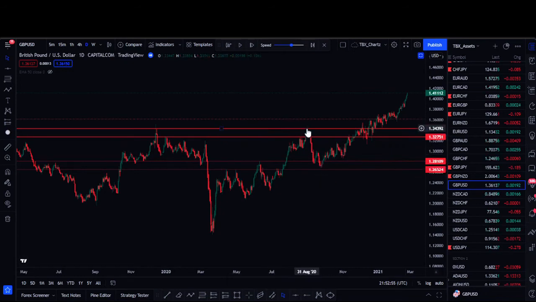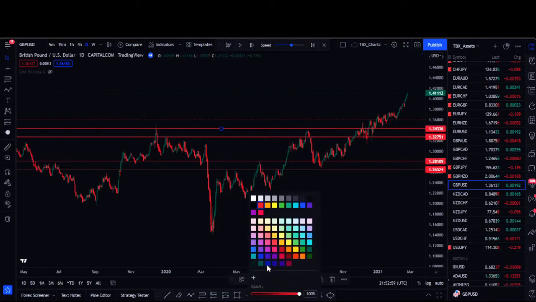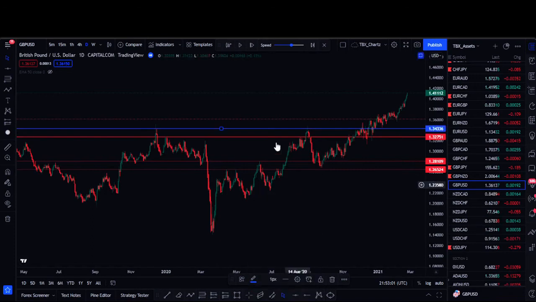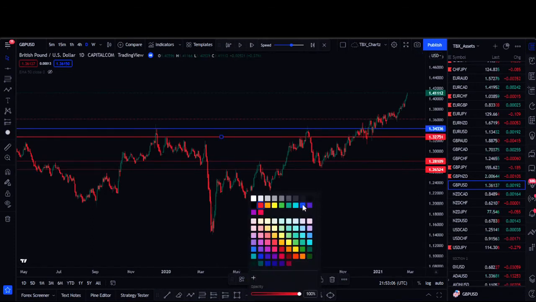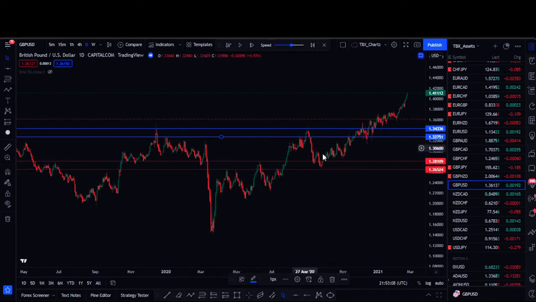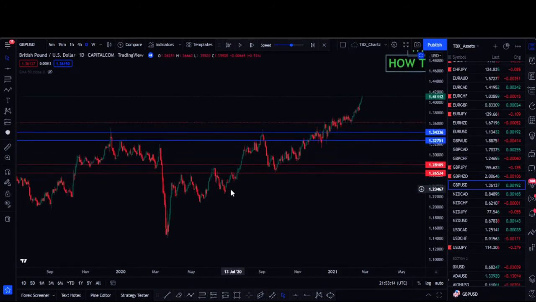Let me change the color of this back to blue, and this back to blue.